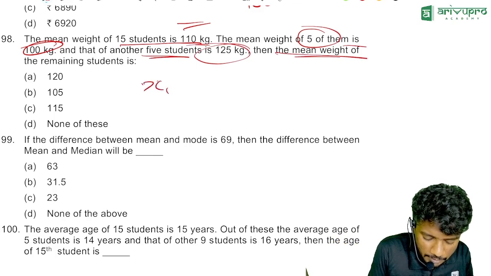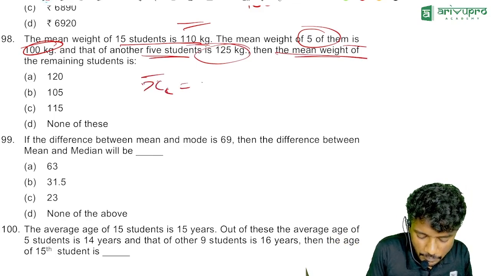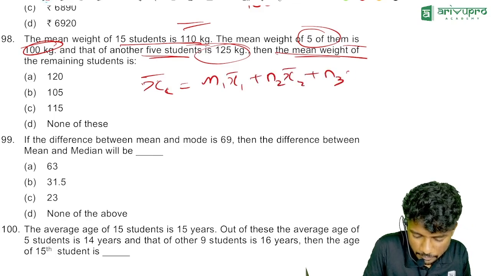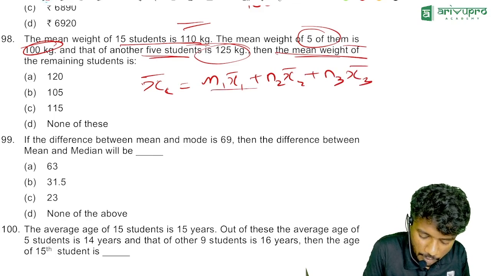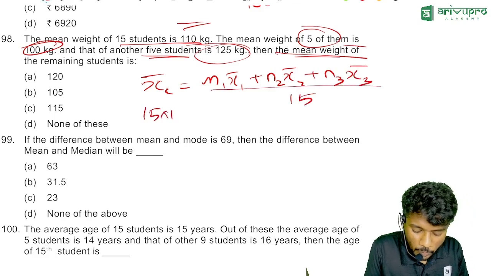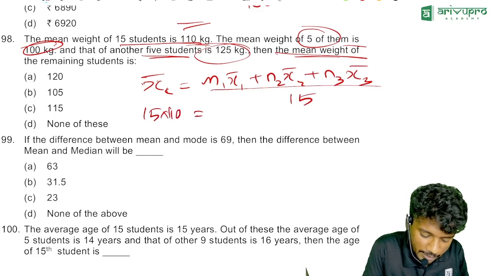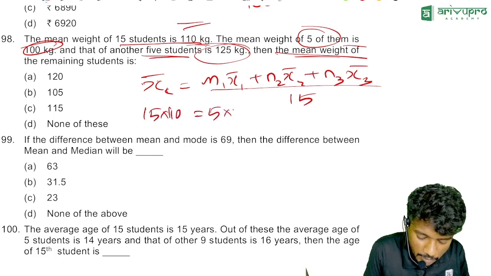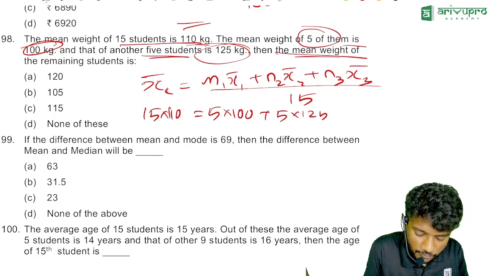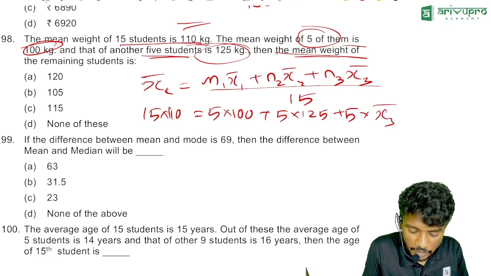So xc bar is equal to n1 x1 bar plus n2 x2 bar plus n3 x3 bar, divided by the total. Total how many are there? 15 are there. So 15 into 110 is equal to, n1 is how much? 5 into 100 plus n2, that is 5 into 125, then plus n3, 5 into x3 bar, which we need to find.